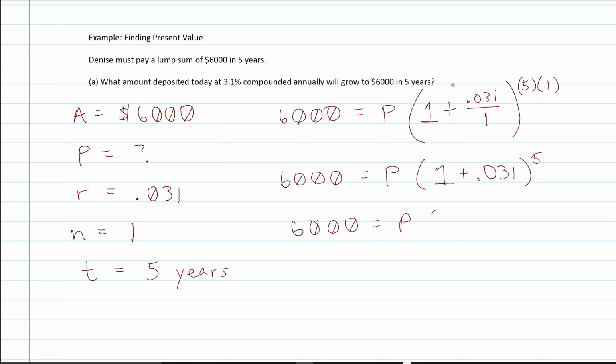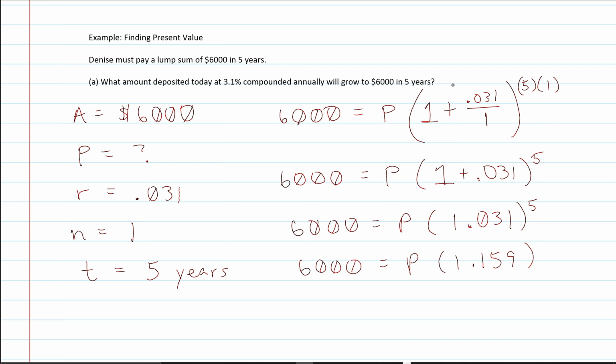So P times the quantity of 1.031 raised to the 5th power. Inputting that into my calculator, the 1.031 to the 5th power gets us 1.159.